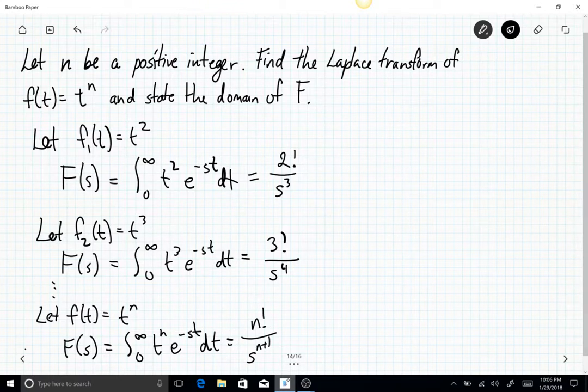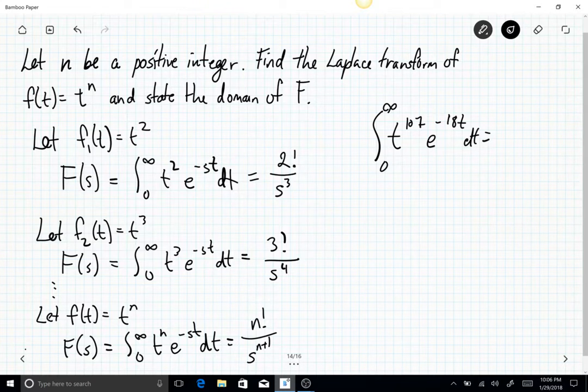So essentially, you get this generalized formula. Well, what's the big deal? Well, when you take an integral of, say, t to the 107th from 0 to infinity of e to the negative 18t dt, we can solve that in a mere matter of seconds.